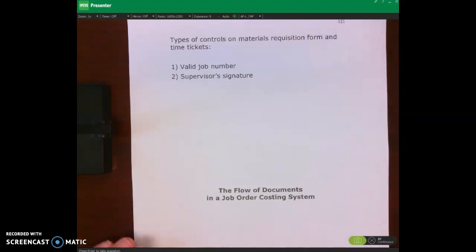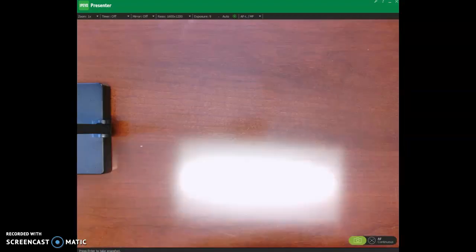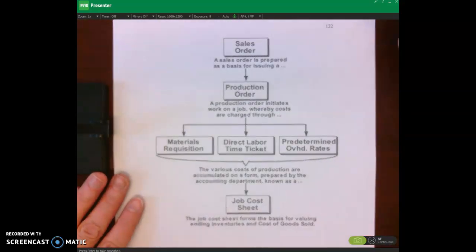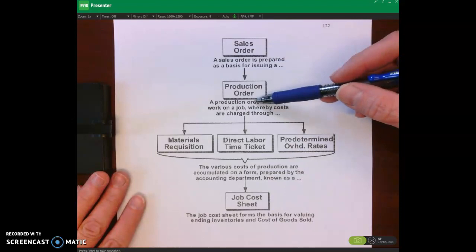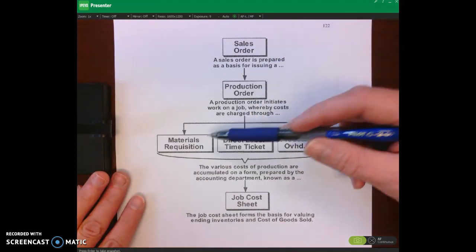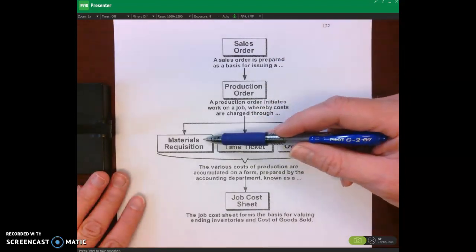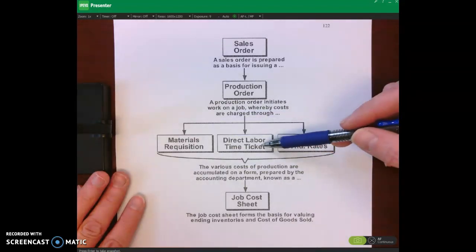Okay? So in terms of our flow of documents in a process costing system, we have our sales order, and then that sales order is turned into a production order. And then once we have that production order, we can start to order our materials from the warehouse. We can start to charge time to that job.